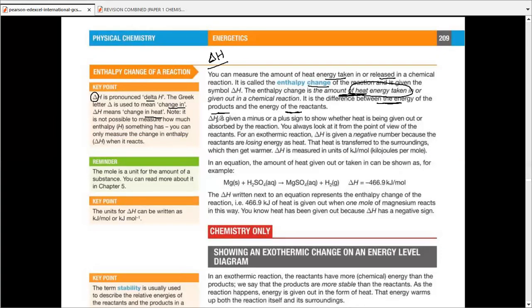Let's learn that. Delta H is given a minus or a plus sign to show whether the heat is being given out or absorbed by the reaction respectively, which means whenever there is an exothermic reaction, delta H is given a negative number. Why? Because the reactants will lose some of their energy as heat energy to the surroundings.